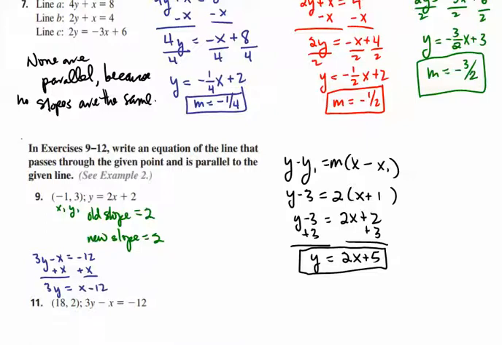Now I want to divide everything by 3, and when I do, I get y is equal to 1/3 x minus 4. I divided everything by 3. 3y divided by 3 is y. X divided by 3 is 1/3 x. Negative 12 divided by 3 is negative 4.